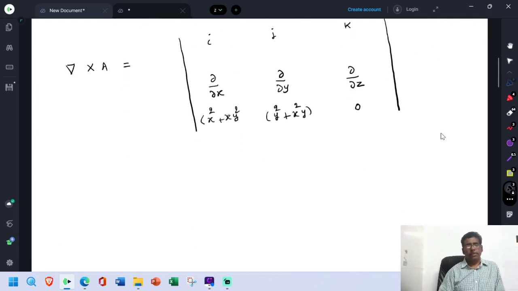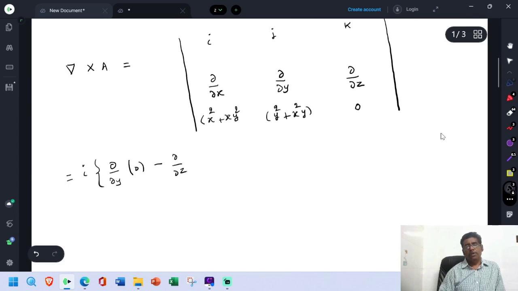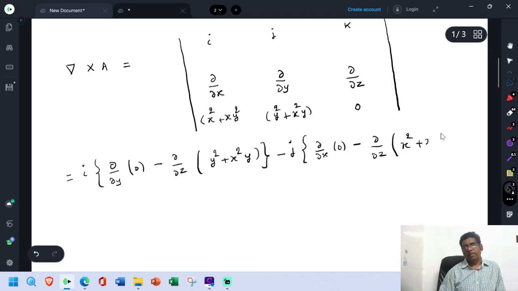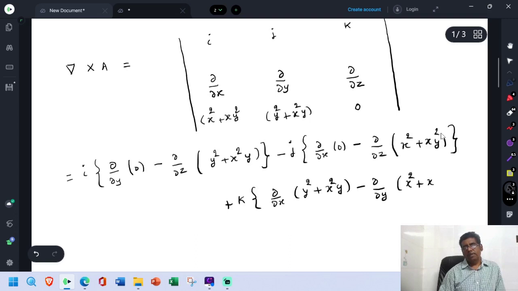Take the determinant value. This is equal to i into dou by dou y of 0 minus dou by dou z of y square plus x square y, minus j into dou by dou x of 0 minus dou by dou z of x square plus x y square, plus k into dou by dou x of y square plus x square y minus dou by dou y of x square plus x y square.